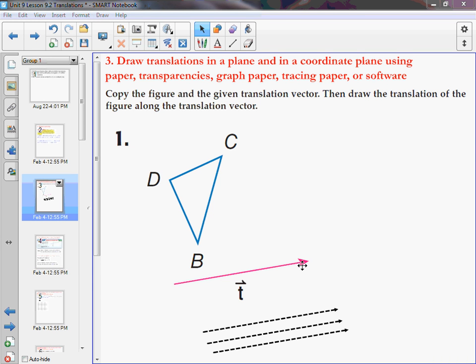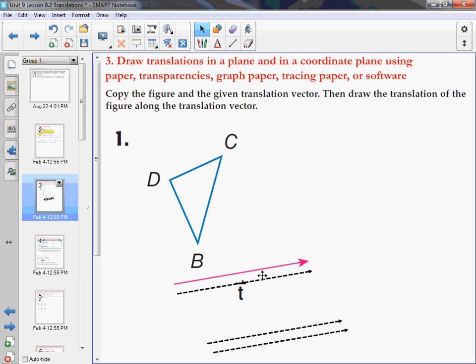So it's not a ray that goes on forever. And you can't tell it. It looks like a ray, doesn't it? You have to be told that it's a vector. Okay? It's a directed segment. Directed, so the direction matters. Segment, so it has a beginning and an end. Okay? And it goes in the direction of the arrow. So you start down here and you go there.